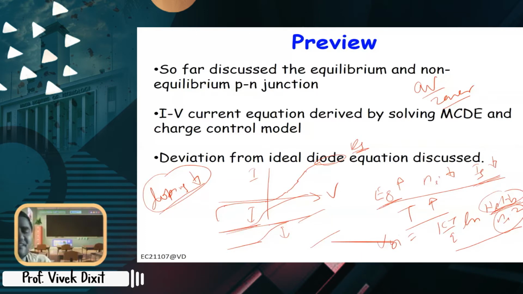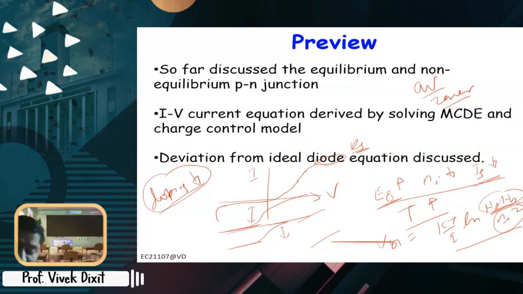So the name is just part of history, but the breakdown mechanism can be either of them. Usually, the breakdown mechanism is avalanche breakdown if you go above a few volts, and Zener breakdown is usually applicable at lower voltages.